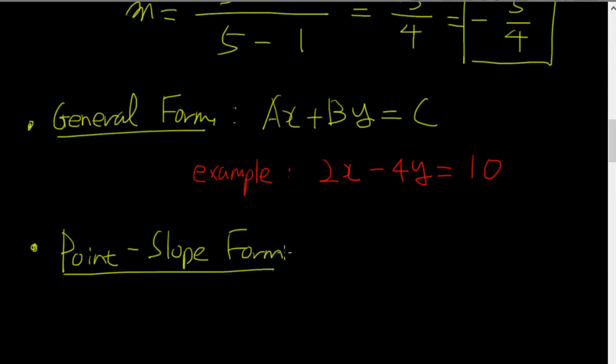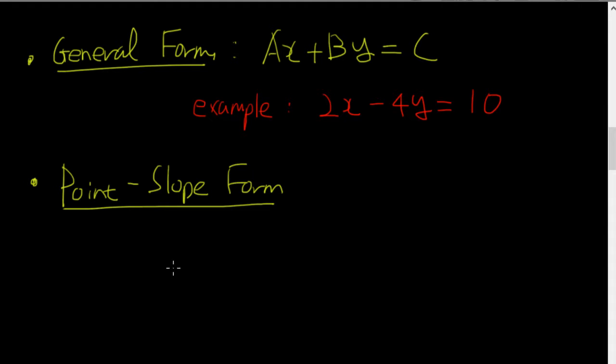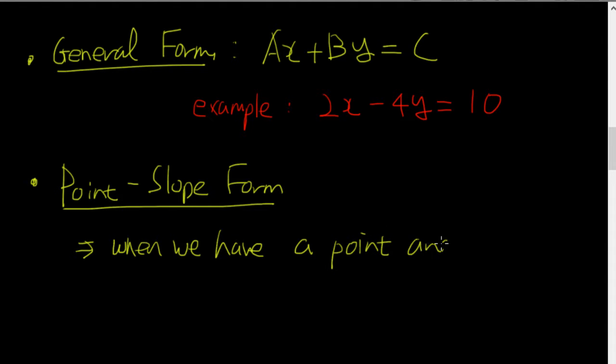Point-slope form. Now, point-slope form is one of the most popular and most often used forms. When do we use this? We use this form when we have a point and slope.